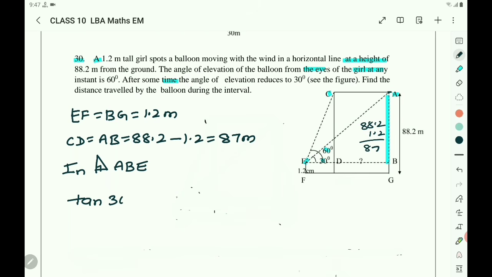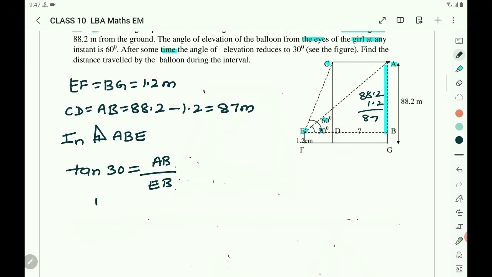Tan 30 is equal to opposite side AB by adjacent side EB. Tan 30 value is 1 by root 3 equals AB is 87 by EB. Do the cross multiplication. 1 into EB is EB. EB is equal to 87 root 3 meter.